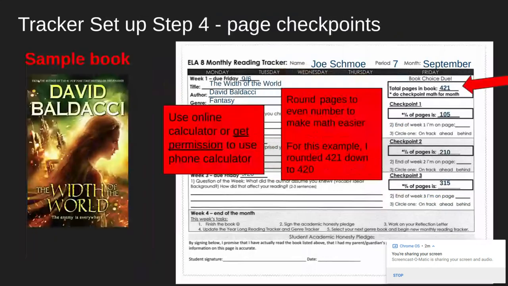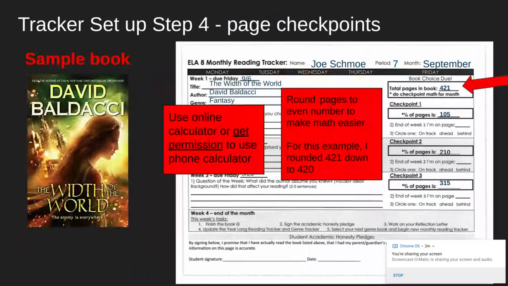Tracker step 4 is your page checkpoints. You will need a calculator, either an online calculator, a calculator that you might have, or get permission to use a phone calculator. I am using my same book, The Width of the World by David Baldacci. My total pages is 421.